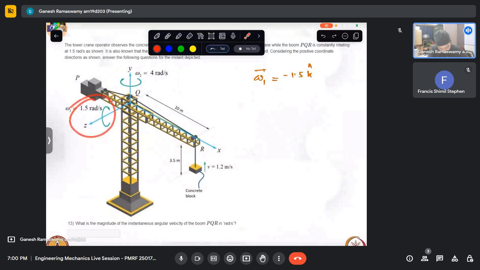And by virtue of that connection and this cable, relative to the boom the concrete block is being raised at 1.2 meters per second. That's what the question says. So we can see that omega 2, if we curl our fingers again in this direction, our thumb points downwards. So this is minus j cap. So this is minus 4j.